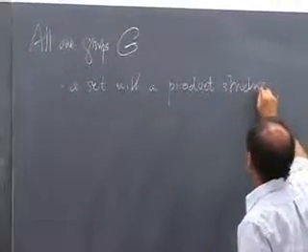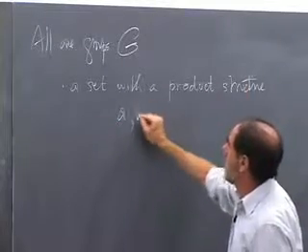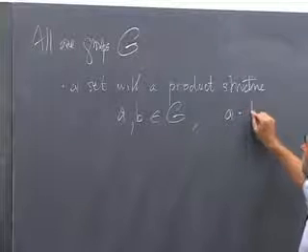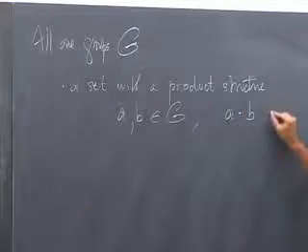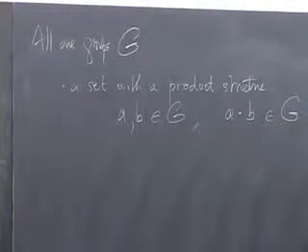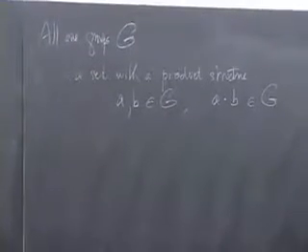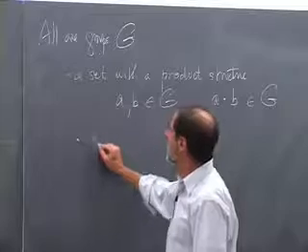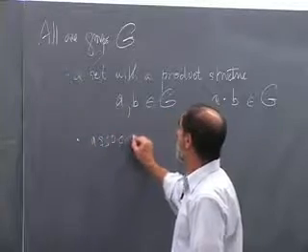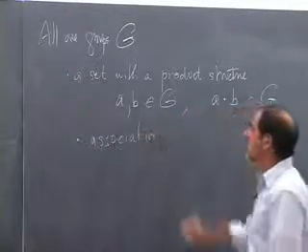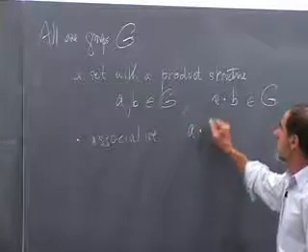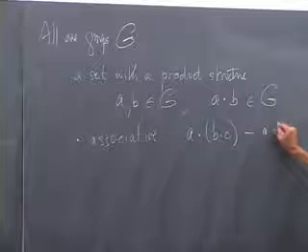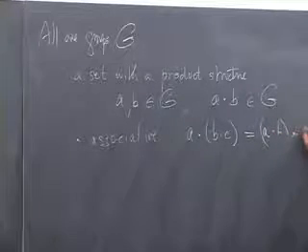By that I mean if you have two elements A and B in the group, then you get a new element A dot B, the product of A and B, which is a new element in the group. So there has to be a product. And the second thing is the product must be associative. That's the most important thing to check. Namely, (A times B) times C has to always equal A times (B times C).